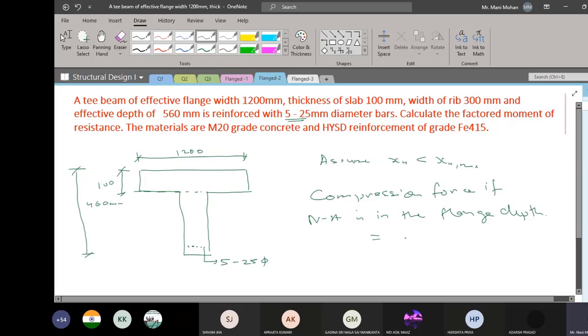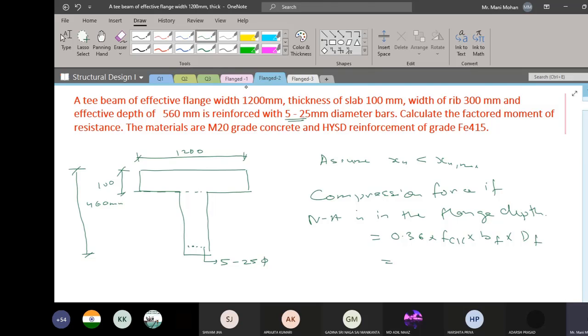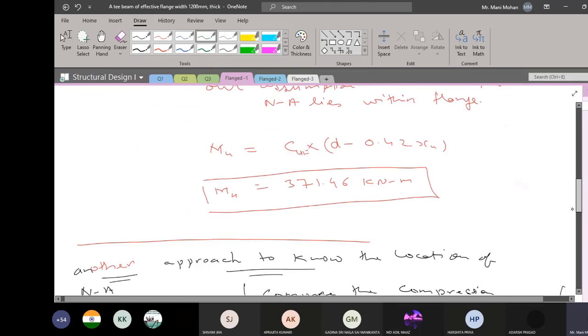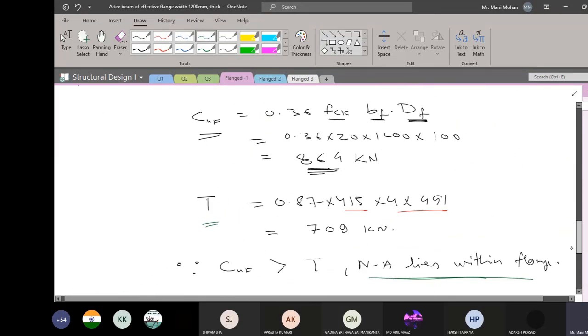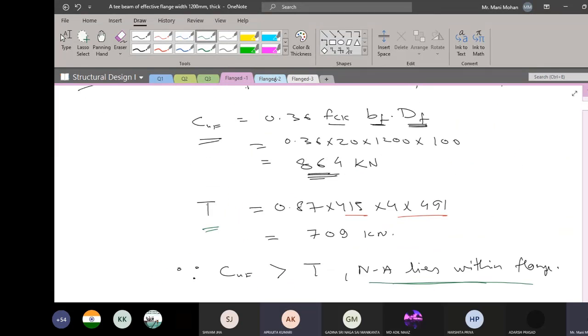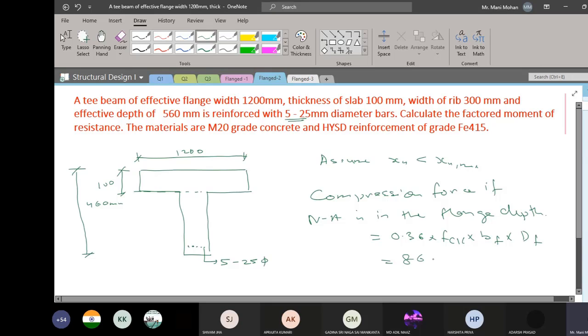So what is going to be your compression force? We'll write 0.36 into fck into width of flange into depth of flange, and we have already computed this value, so I'll not be doing it again. So how much is it? 864 kilonewton.